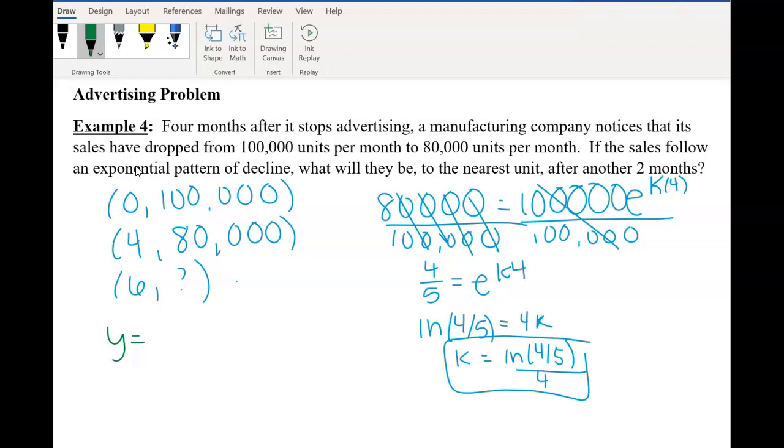Again, for your C value, we know the initial condition this time. The initial condition this time is 100,000.